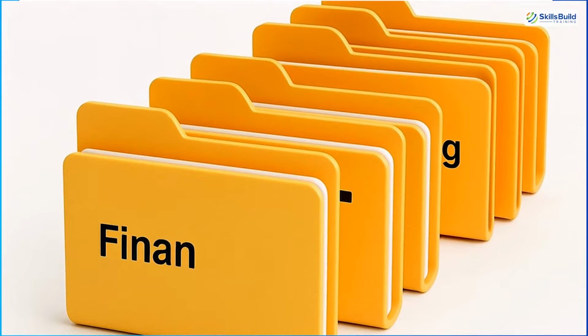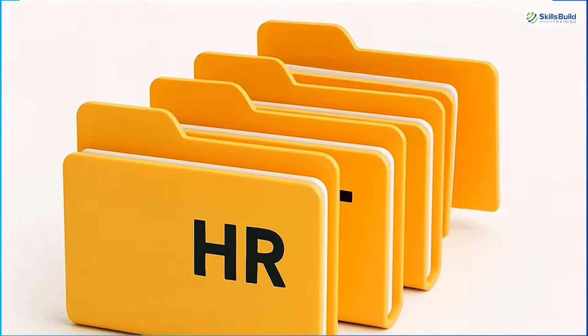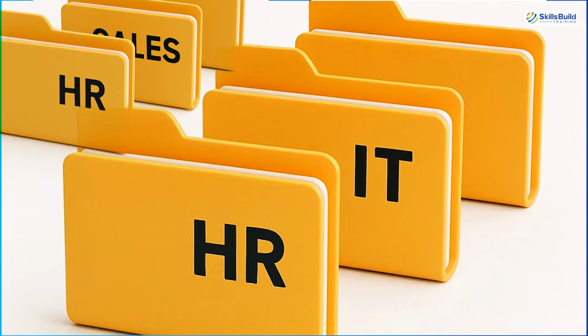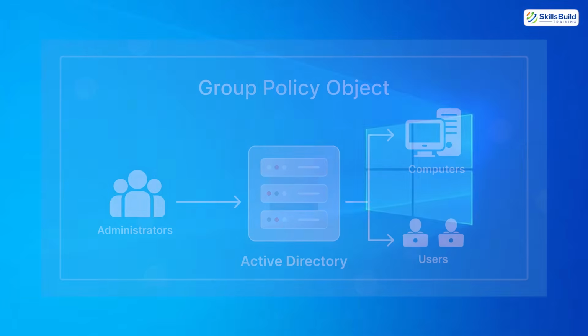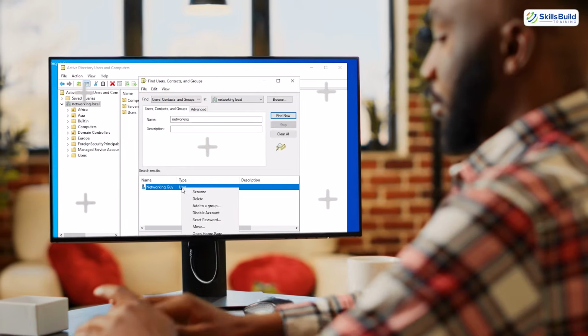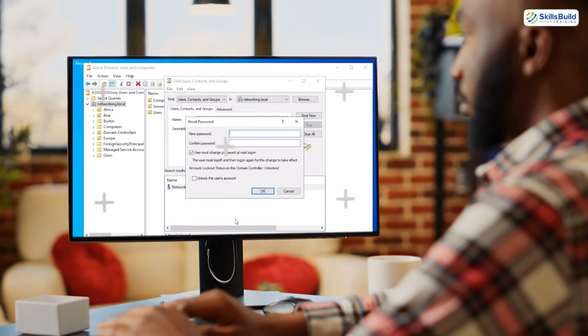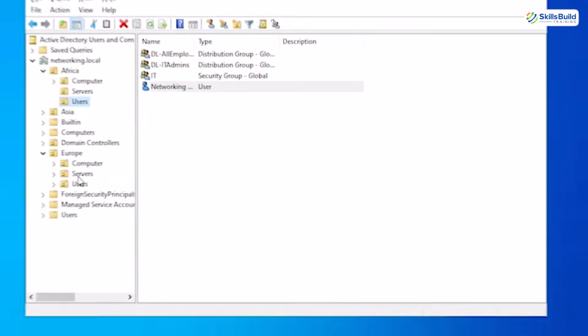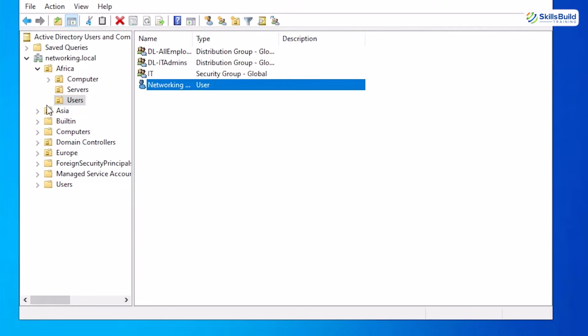Think of them like digital folders, like HR in one OU, sales in another, IT in another. That way, group policies hit the right people, and your help desk isn't pulling their hair out trying to apply settings across the whole domain. Trust me, clean OUs equals less stress.